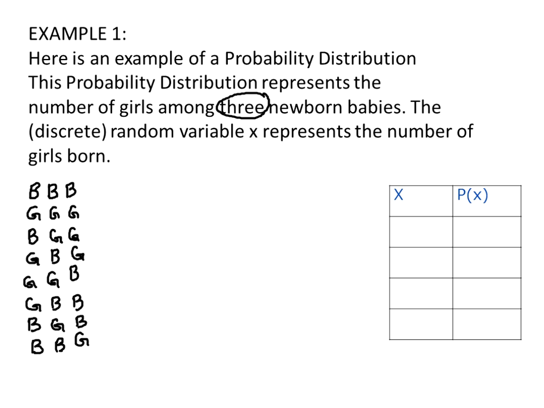This is the sample space when you have 3 newborn babies, or there's 3 children in a family. These are all the possibilities for boys and girls. And then we talked about why it's important to consider all the arrangements. For example, here the boy is the older child. Here it's the middle child is the boy, and then the younger child is the boy. So their birth order is different.